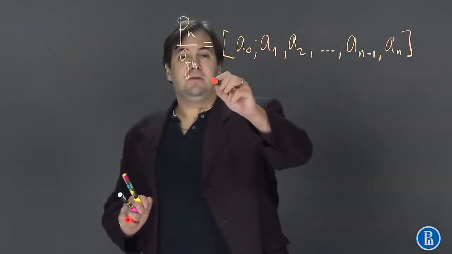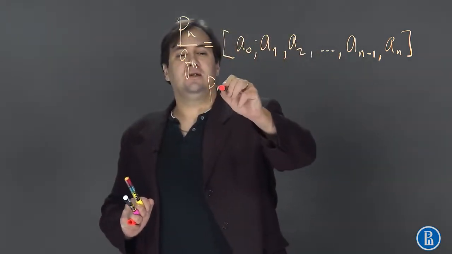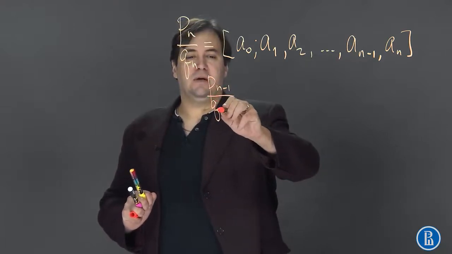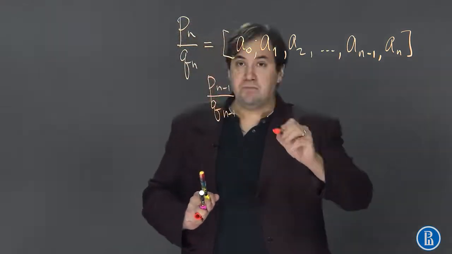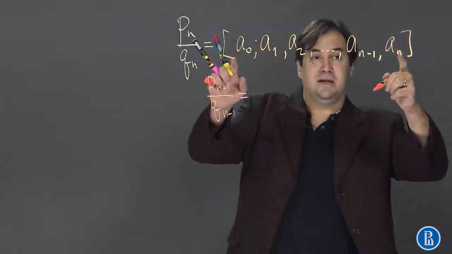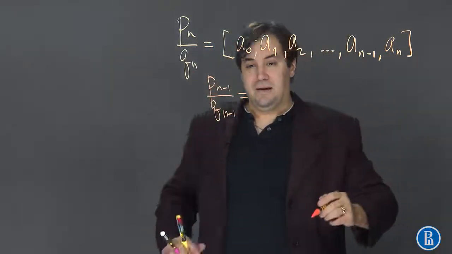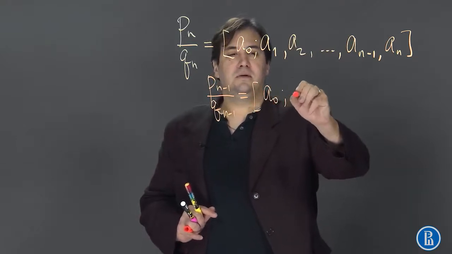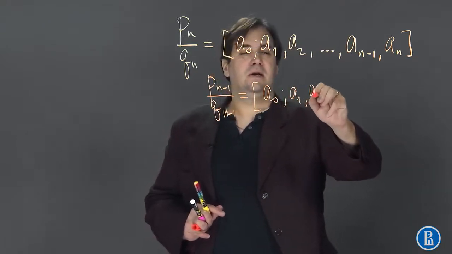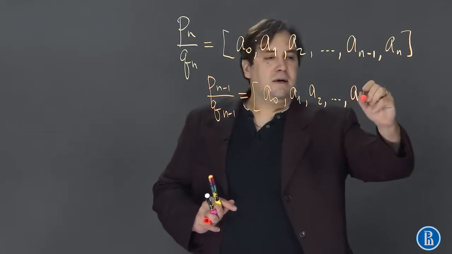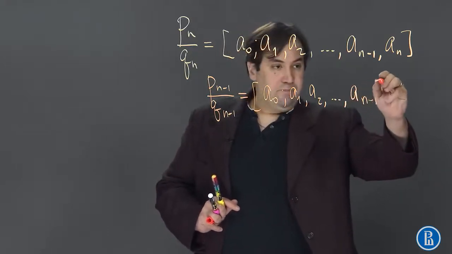And the neighbor convergent, Pn minus 1 over Qn minus 1, differs from this only by excluding An. So it's equal to [A0, A1, A2, and so on, An minus 1].